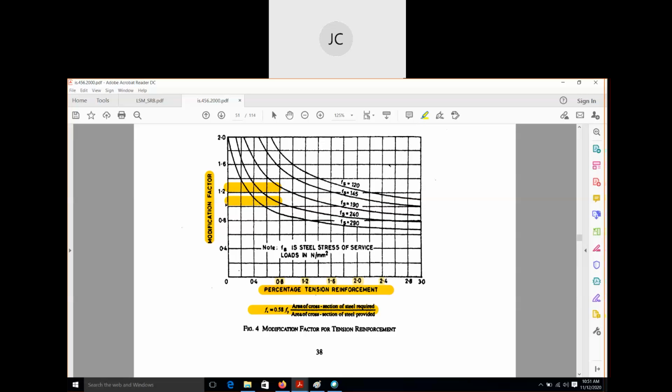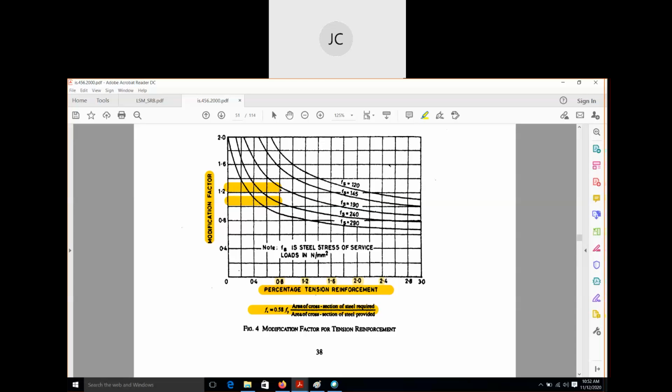It will not be exactly 1.1, it will be less than that, maybe 1.05 or something like that. And for this point, you will get another value, around 1.3 or 1.35. If you use your scale, only then can you find the value properly.